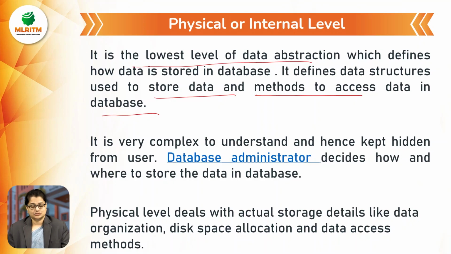It is very complex to understand, hence it is kept hidden from the users. Because it is very complex, users who are familiar with DBMS can understand a little bit, but those who are not familiar with DBMS concepts can't understand.